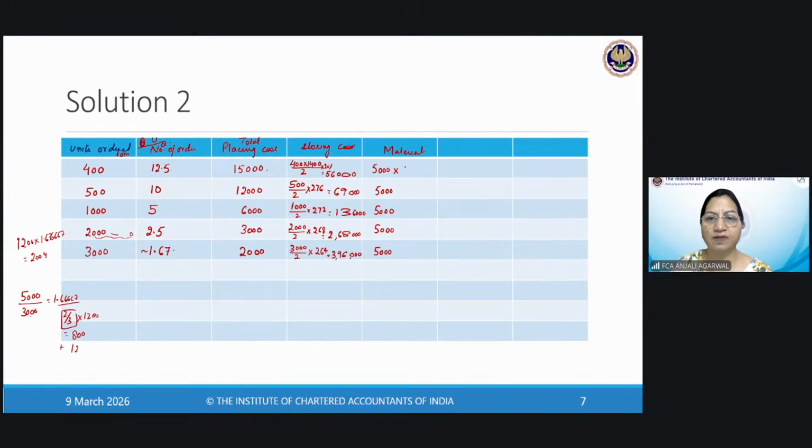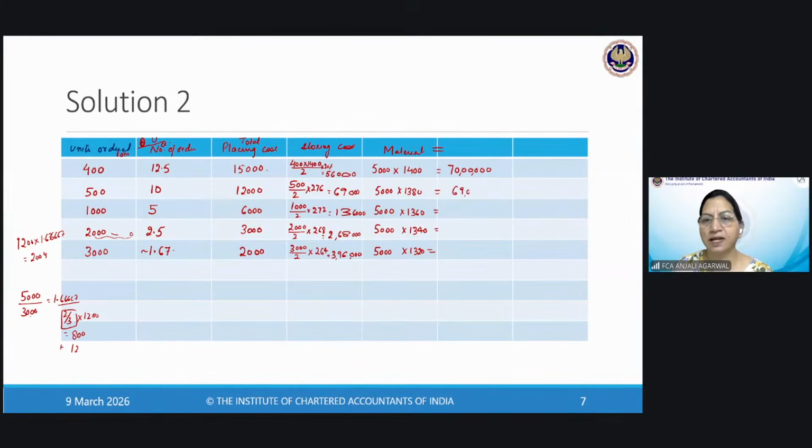So material cost: 5,000 into 1,400, 5,000 into 1,380, 5,000 into 1,360, 5,000 into 1,340, and 5,000 into 1,320. So this will be your material cost. I'm merging these two cells. So this becomes 70 lakhs, and 5,000 into 20, 1 lakh discount.